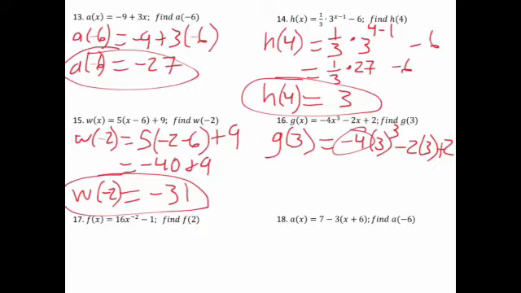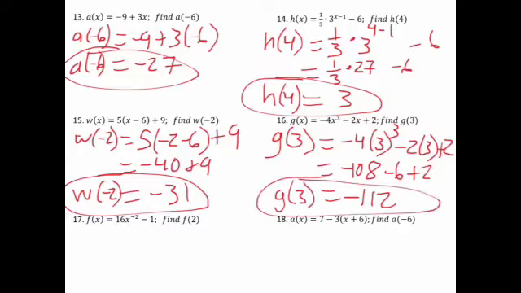You have to times that by negative 4, which will come out to be negative 108. 2 times 3 is 6, so we got to subtract 6 there, and then add 2. Well, if you take negative 108 and you minus 6, you'll get negative 114, and if you add 2, you're going to get negative 112, and that's going to be g of 3.